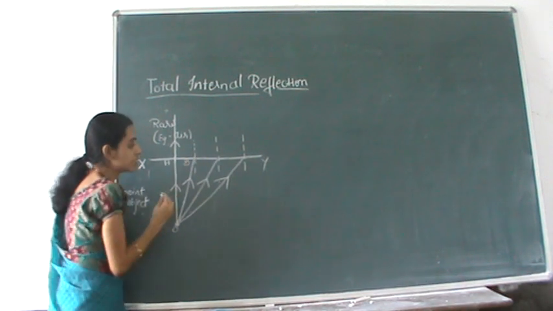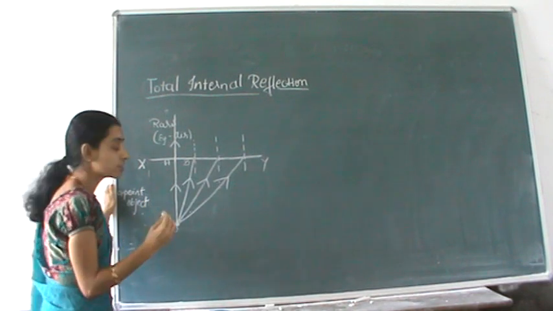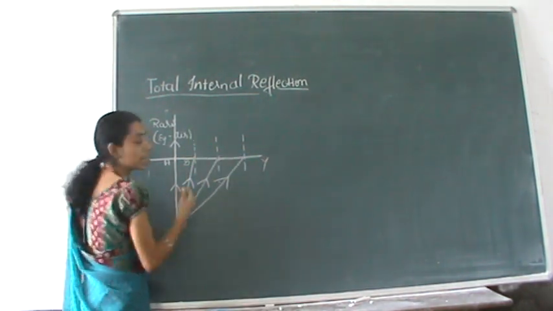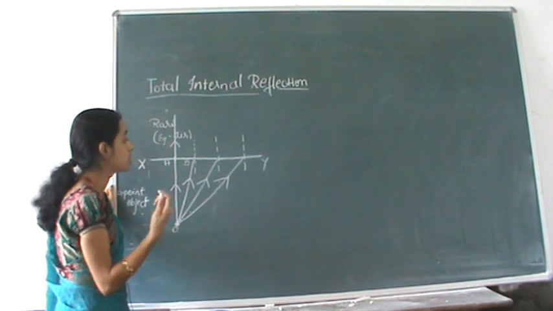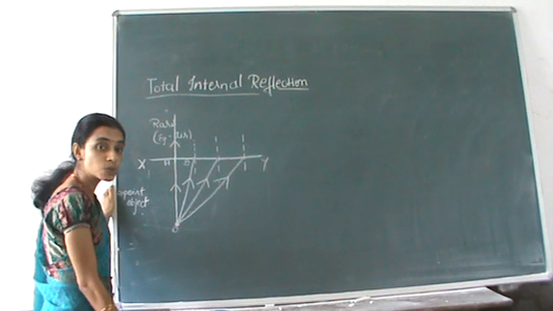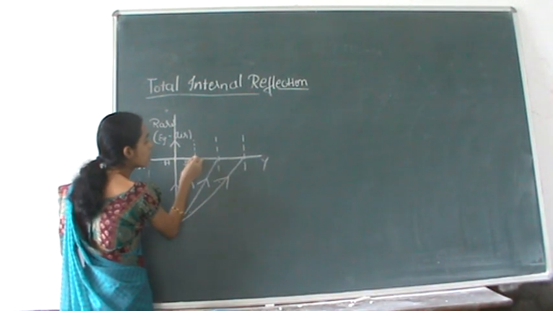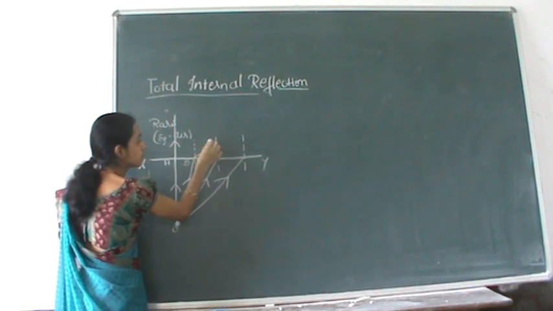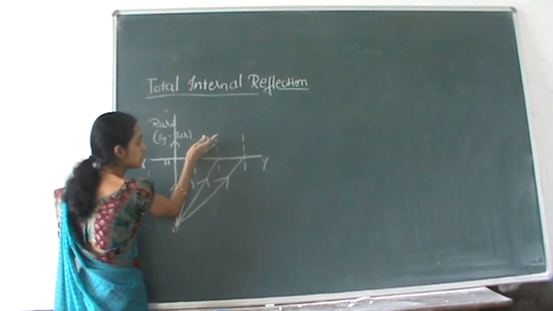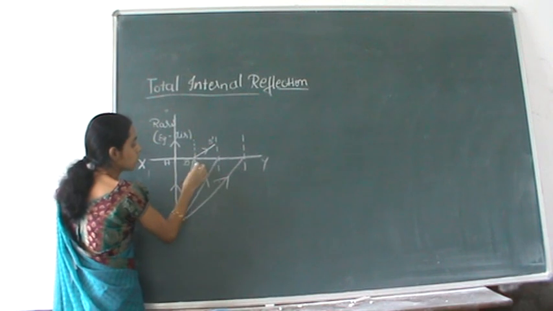When a ray of light travels from a denser medium to a rarer medium, what happens? It bends away from the normal.